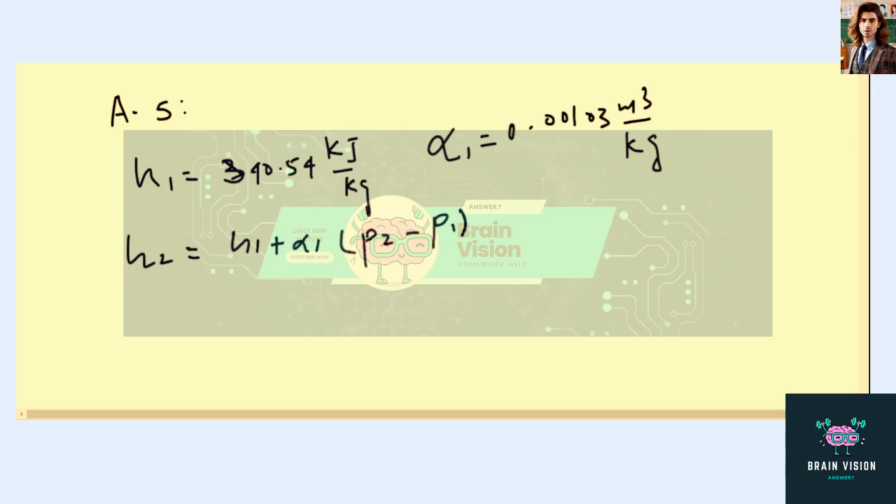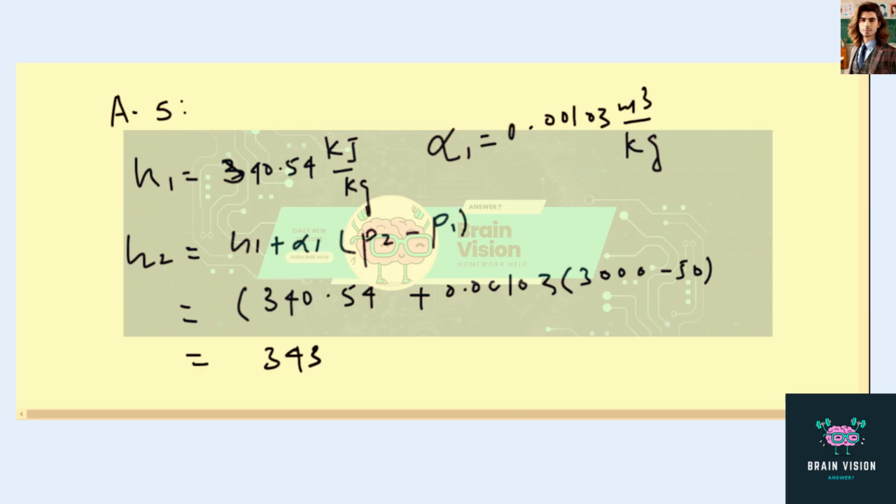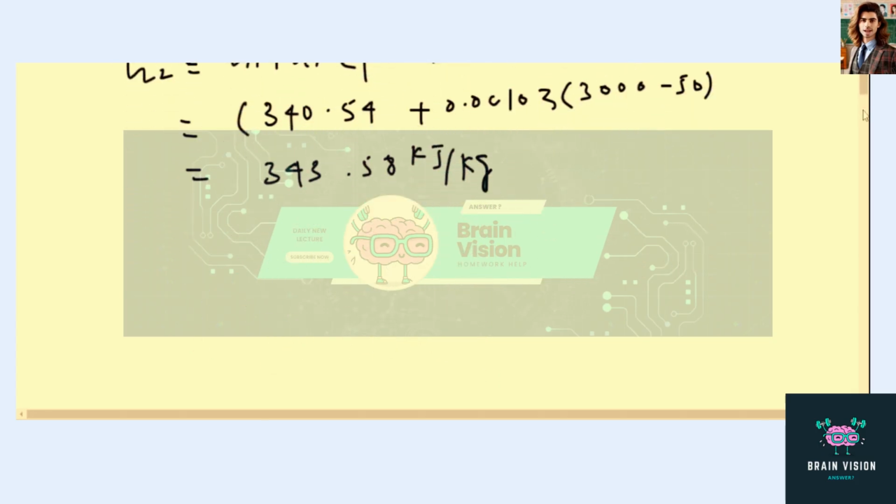Now let's plug in values. 340.54 plus 0.00103 into 3000 minus 50, and that is equal to 343.58 kilojoule per kilogram, right? Okay.